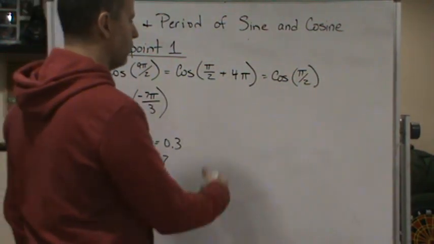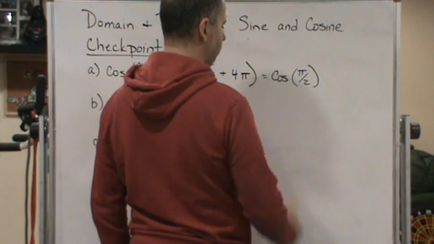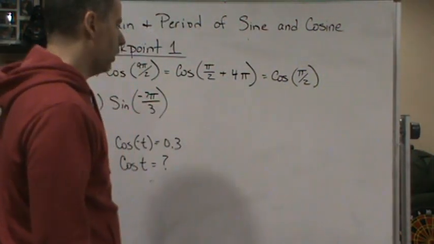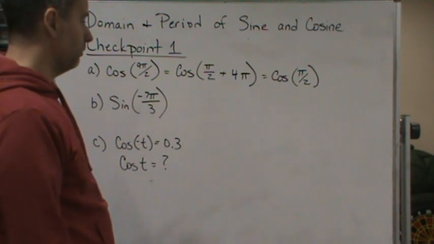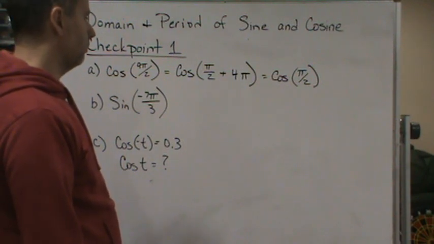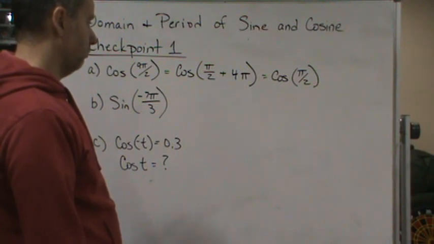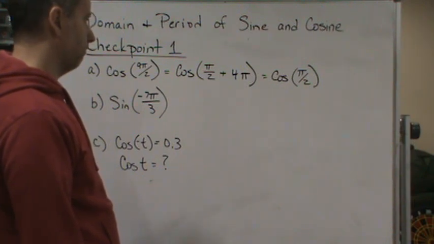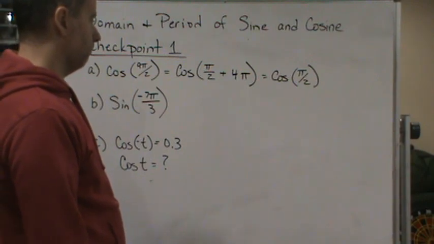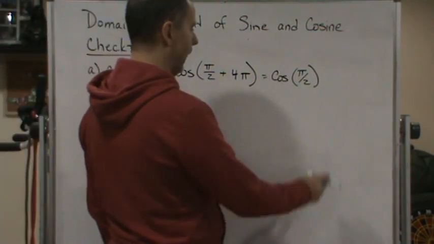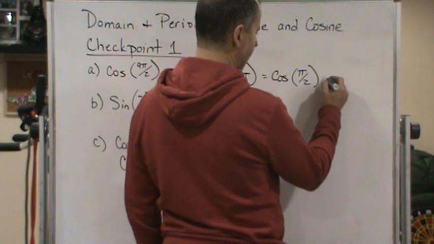And now it's 90 degrees. What is cosine of pi over 2? Well, cosine is the x-axis, right? And so at 90 degrees, what is it at?